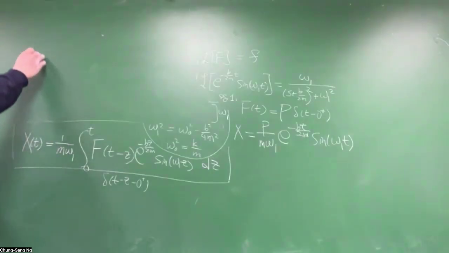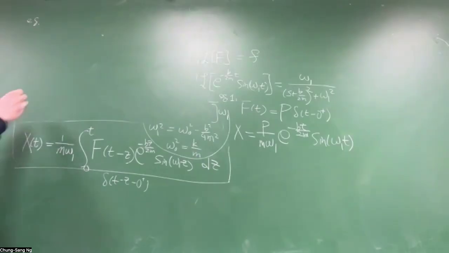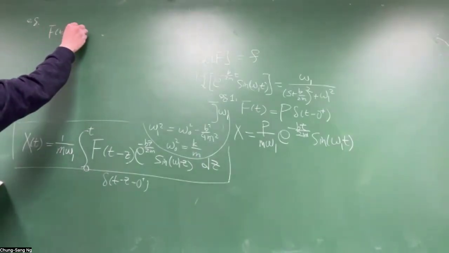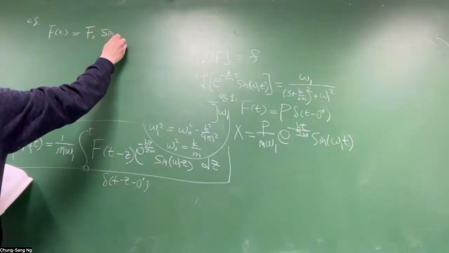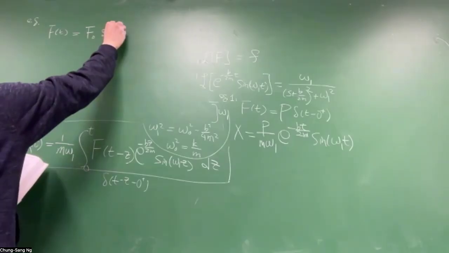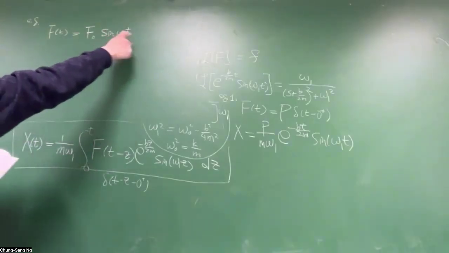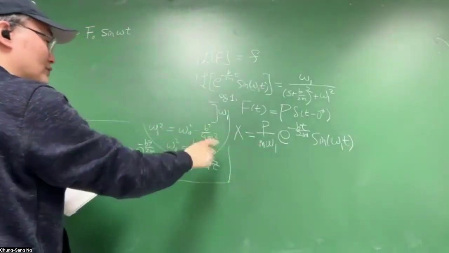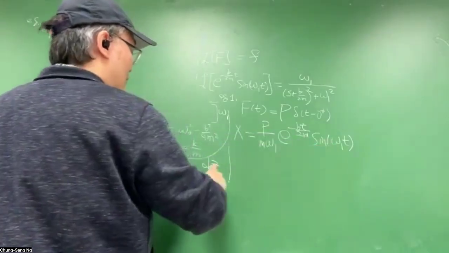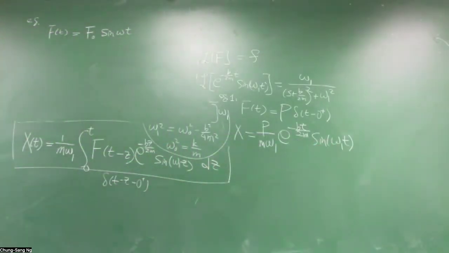Next, the second example. I don't know how we'll finish discussing everything, but this capital F is a constant times a sinusoidal force. This is sinusoidal driving, sine omega t. This omega is just a variable. You can choose omega 1 or omega 0, but it doesn't have to be; it can be any arbitrary omega, right?